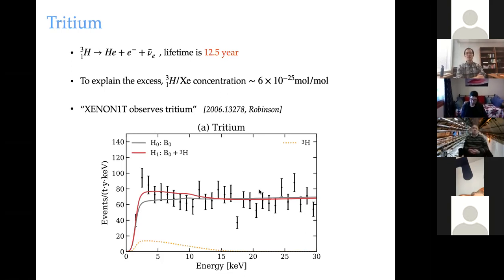Xenon runs for roughly 1 year, so the lifetime is too long for it to decay promptly, but it is comparable to the exposure time of the xenon, which means it will decay sizably and is still over there. To explain the excess, you need just a tiny bit of tritium, and it seems the Xenon experiment cannot exclude this possibility.